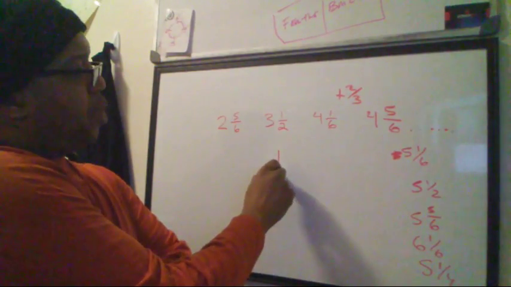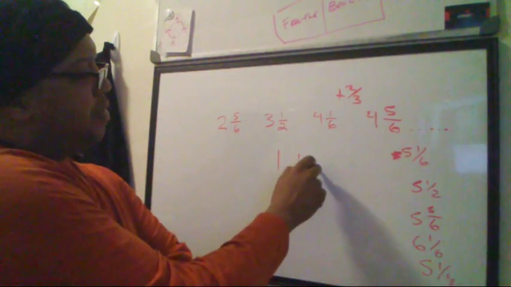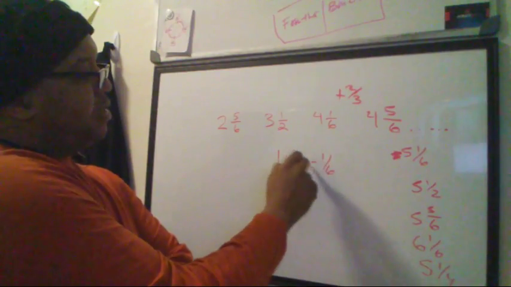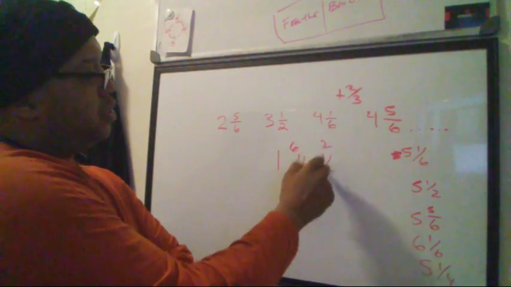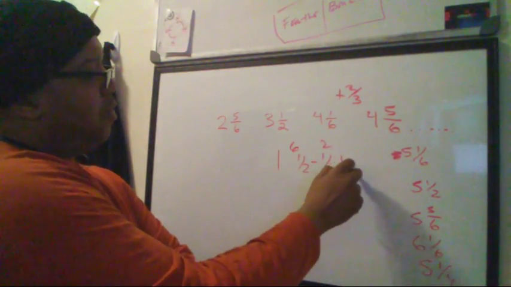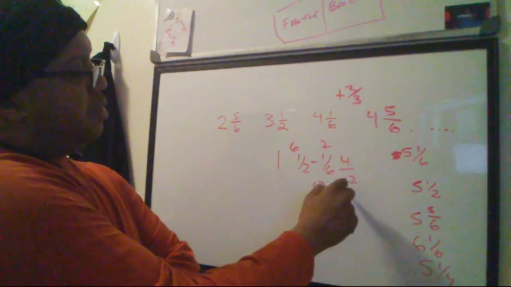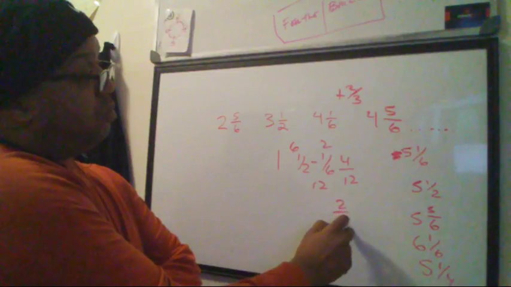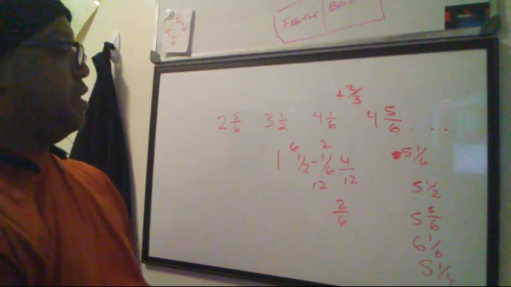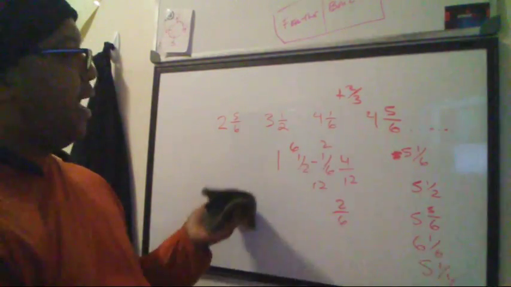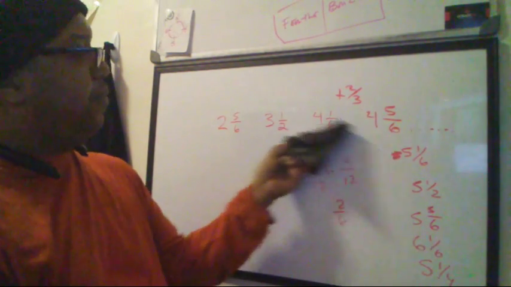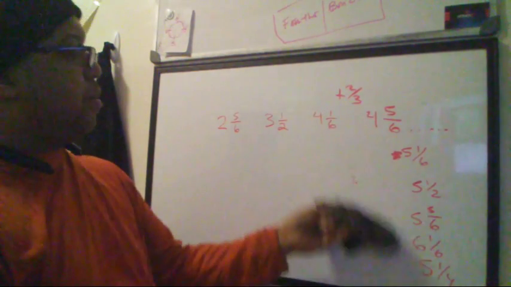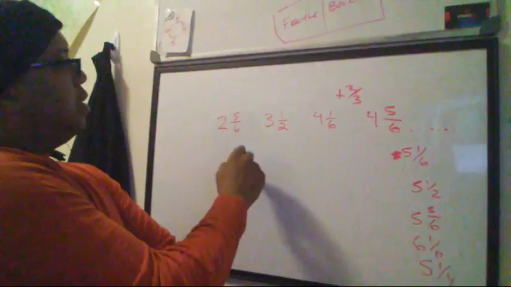So we will get 1 1/2 minus 1 over 6. 6, 2, 12, 4 over 12. 2 over 6. So they definitely did not add. So this is probably a geometric sequence.